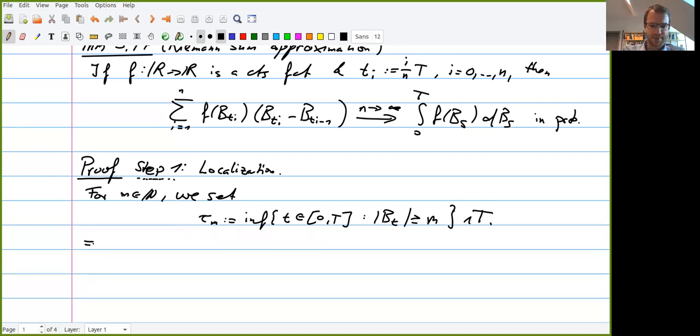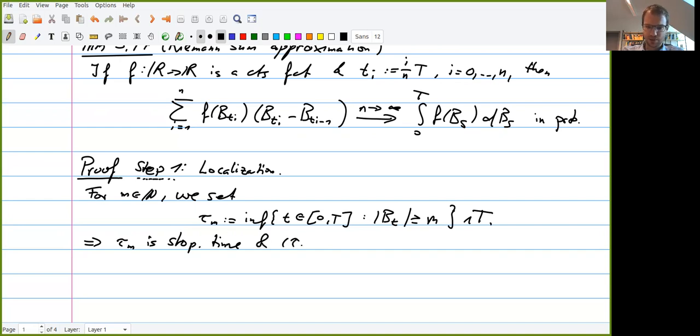Okay, what do we have here then? Well, τ_M are stopping times. Look at one: this is a stopping time, because Brownian motion is a continuous process and this is the hitting time of a closed set.